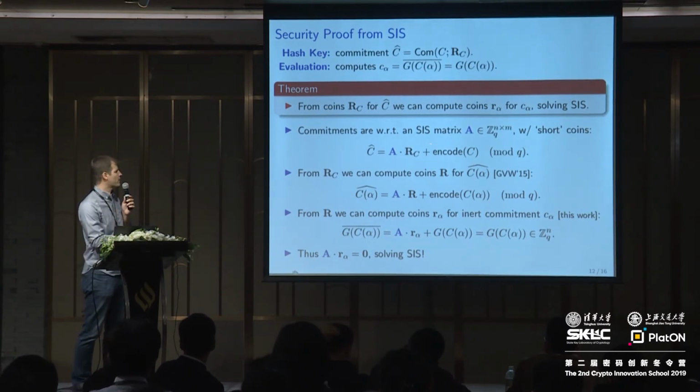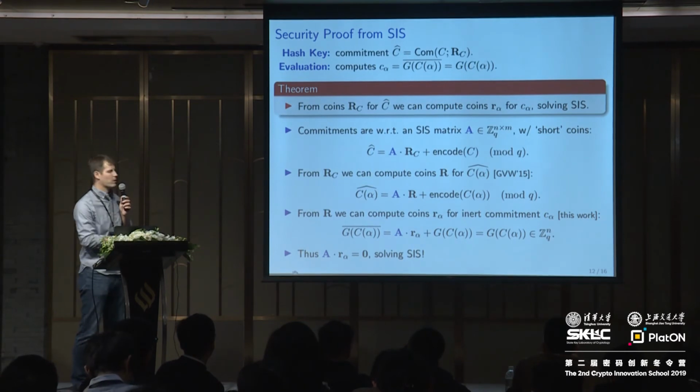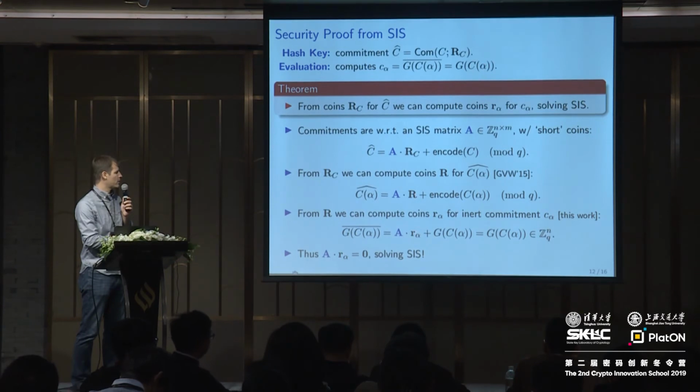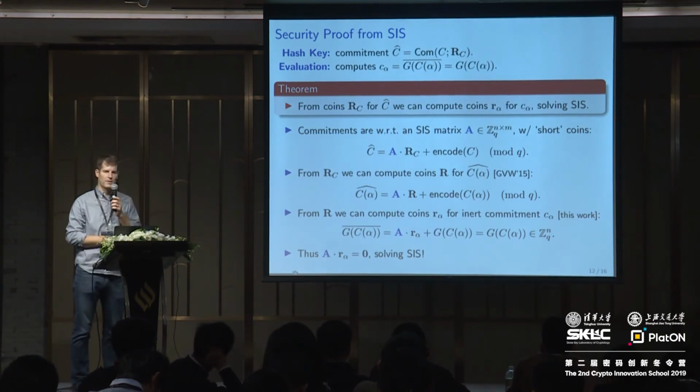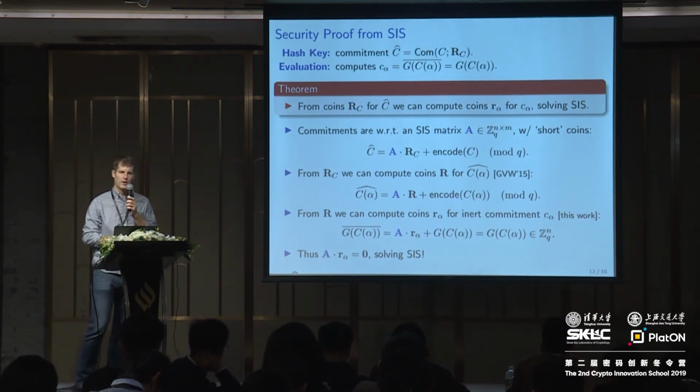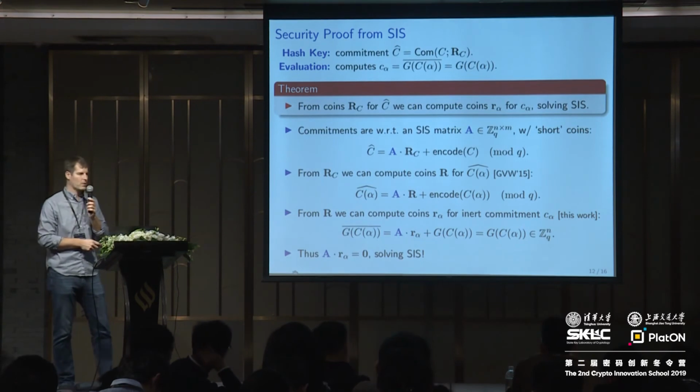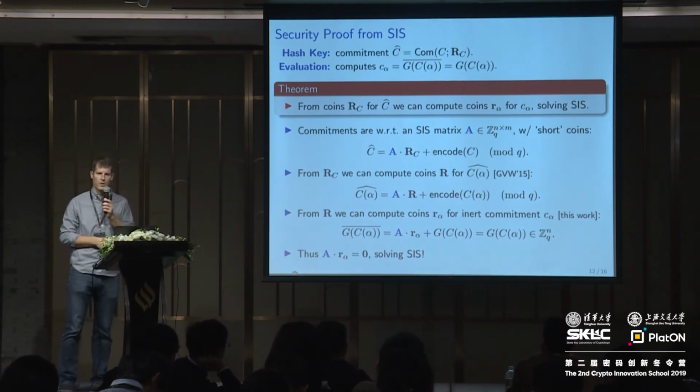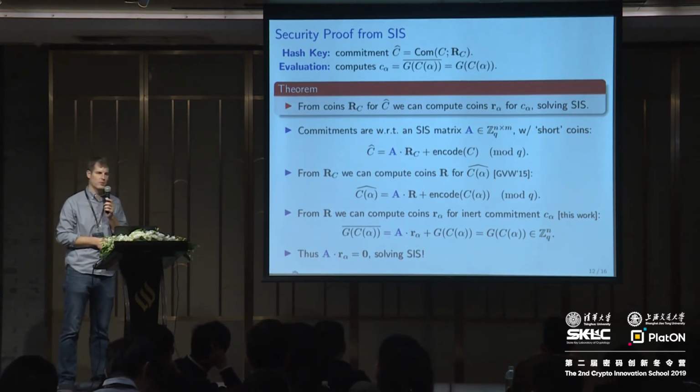In step one, we transform this randomness into this randomness, these random coins, for the homomorphic commitment to C alpha. Then we do the final inertify step, which also transforms these coins into these coins. Now we know that this holds, and so these coins here are a desired solution to SIS for the matrix A. And so that's how we obtain an SIS solution.